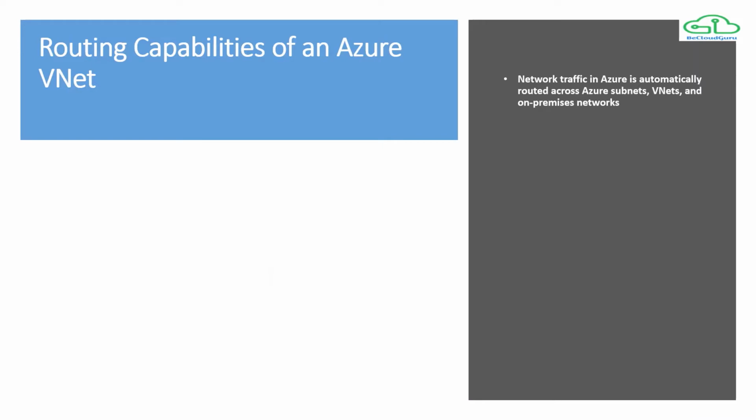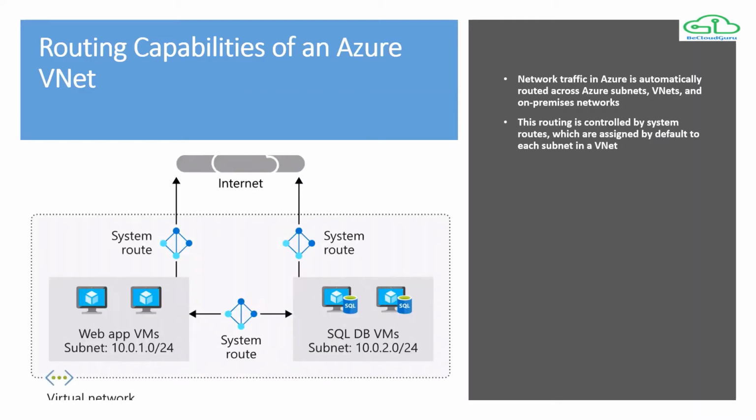When you have any network traffic in Azure, it is automatically routed across Azure subnets, virtual networks, as well as on-premises networks. It happens with the help of system routes, which are assigned by default to each subnet in a VNet. If you look at it, this is one single virtual network, and we have two different subnets.